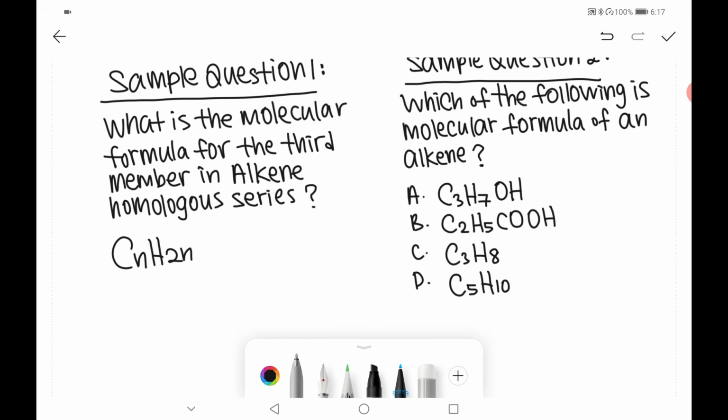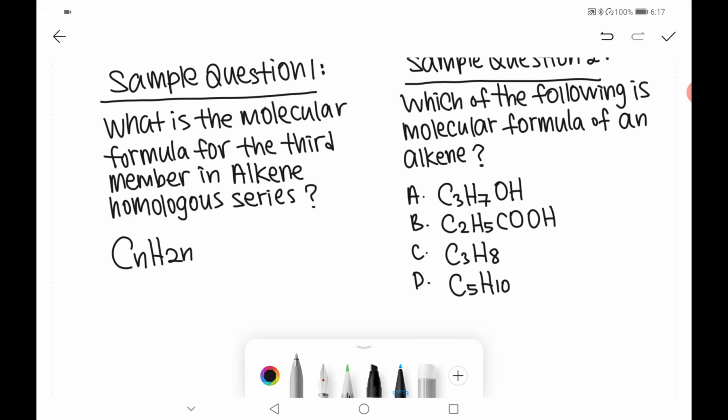Many students will make a mistake. When they see third member, they will substitute n equal to 3. Then they get C3H6, which is wrong. Why? Because remember, for alkene, the n starts from number 2.